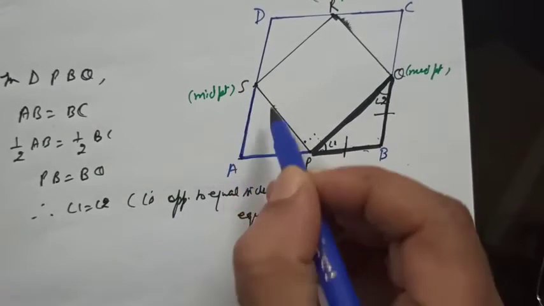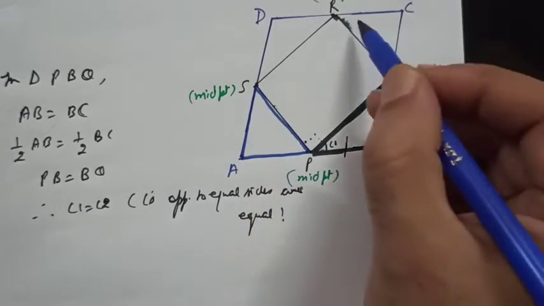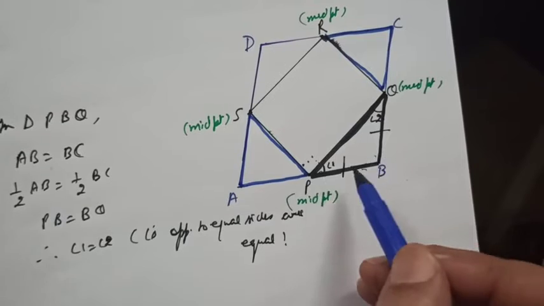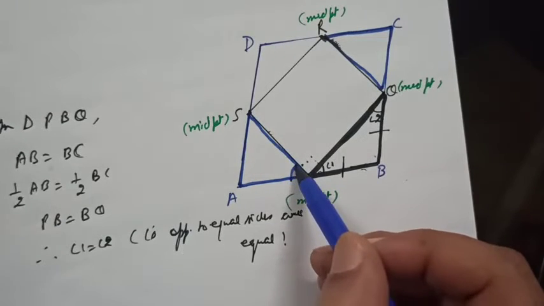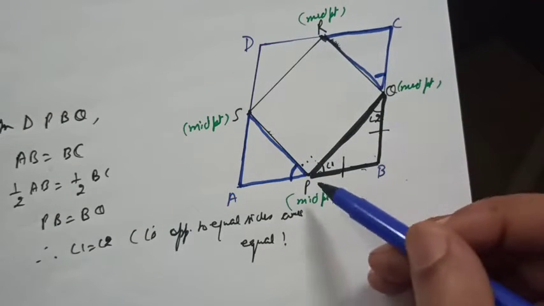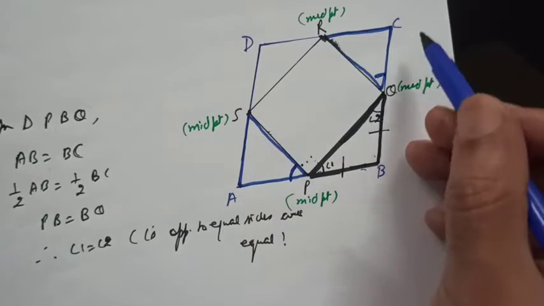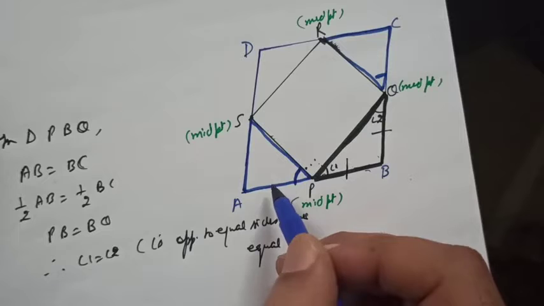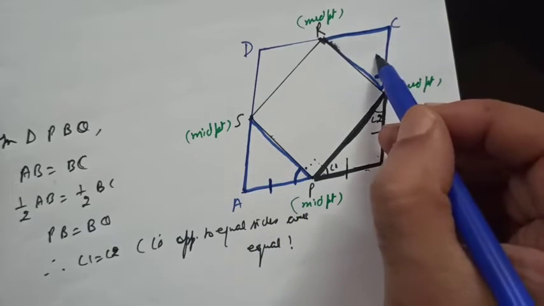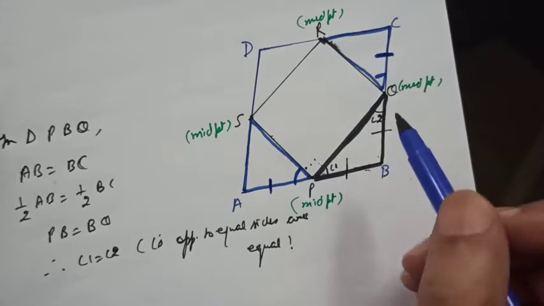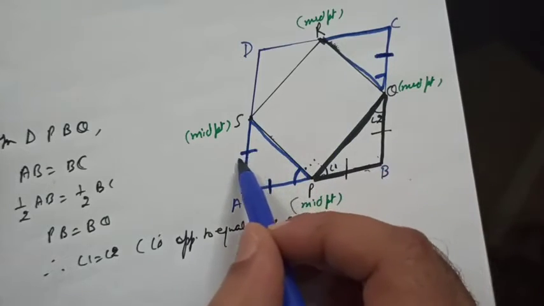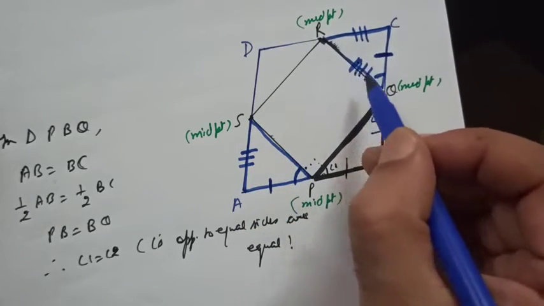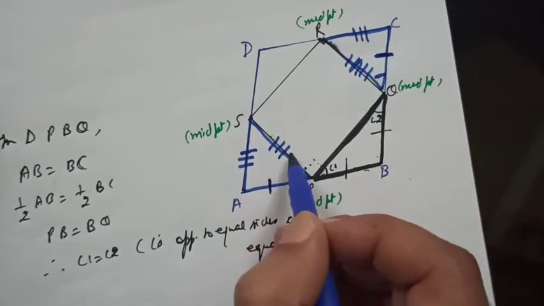This and this. But I'm going to name these triangles in a way so that I can prove that this angle is equal to this angle. So I'm going to use PAS and QCR. Right? How am I going to prove? So these are again halves of equal sides, right? And these are also halves of equal sides, and these are equal because these are the opposite sides of parallelogram.